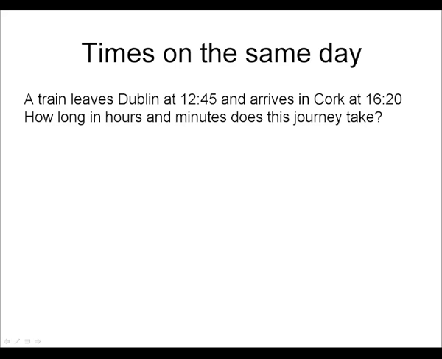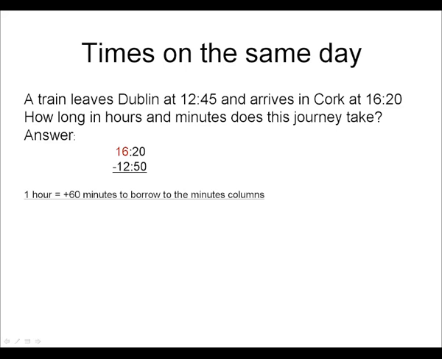Let's have a look at times on the same day again. This time, a train leaves Dublin at 12:45 and arrives in Cork at 16:20. The question again is, how long in hours and minutes does this journey take? Once more, you have the arrival time, 16:20, and subtract the departure time, 12:45. However, in this question, you'll notice that you're trying to subtract 45 minutes from 20 minutes, so you have to borrow from the hours column.